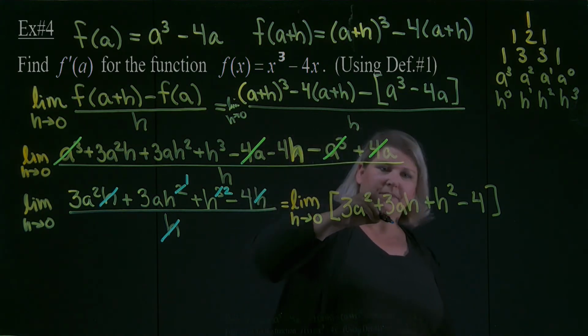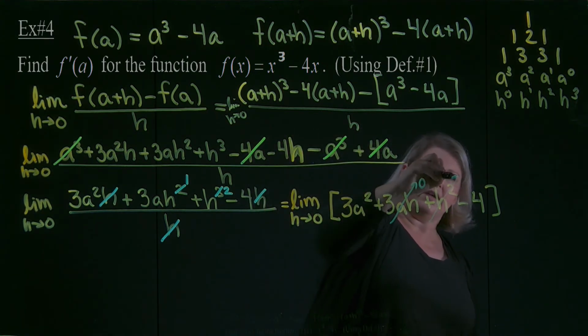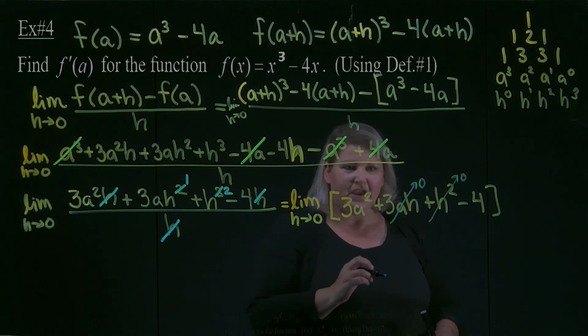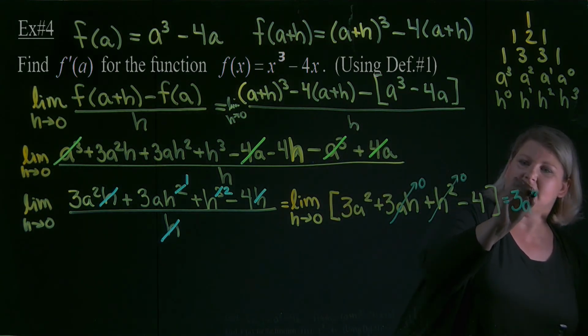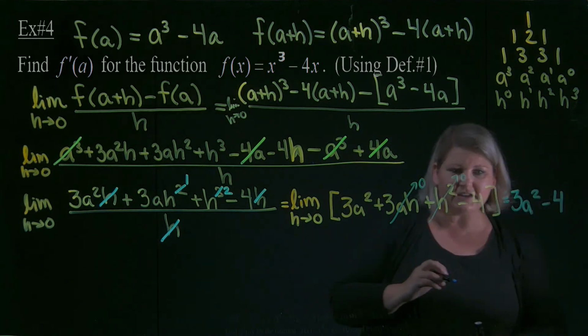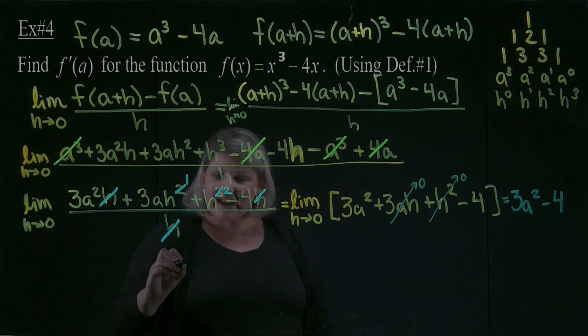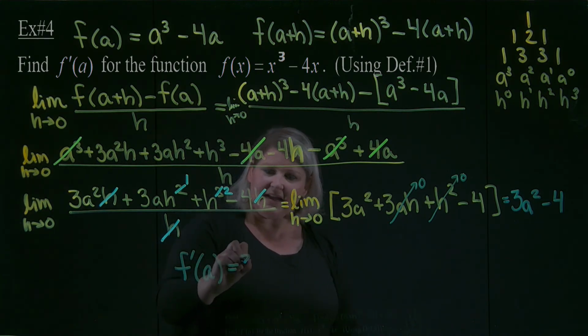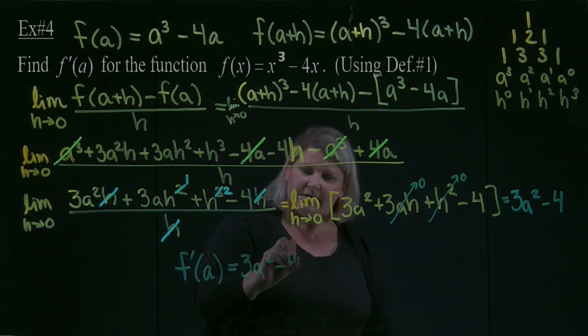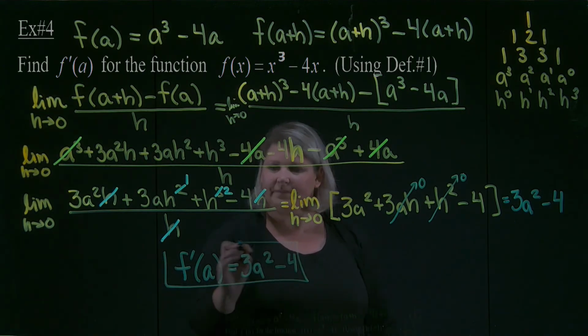Nothing here, but this one approaches 0 and this one approaches 0. And what I end up with is 3a squared minus 4. And that's my answer. f prime of a is 3a squared minus 4.